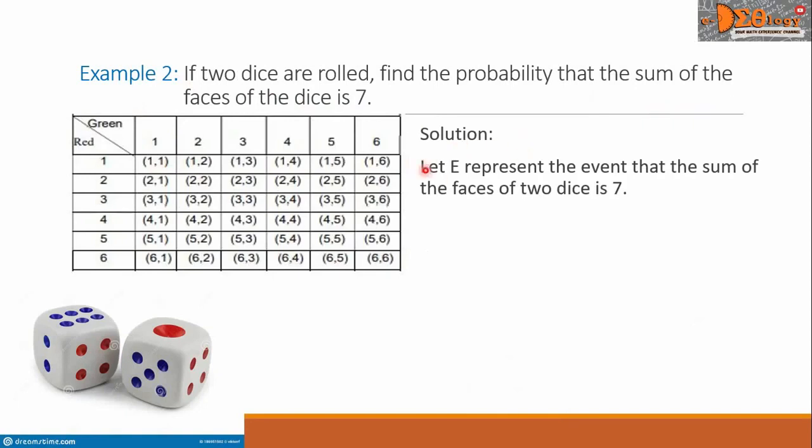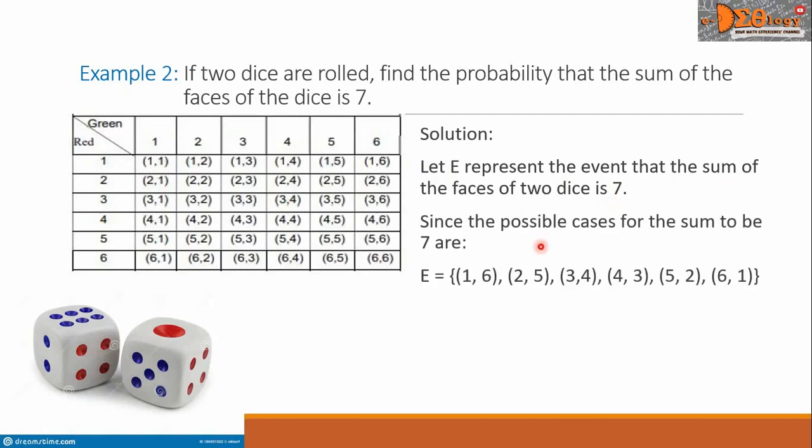For the solution, we let E represent the event that the sum of the faces of two dice is 7. The possible cases for the sum to be 7 are E equals (1,6), (2,5), (3,4), (4,3), (5,2), and (6,1).